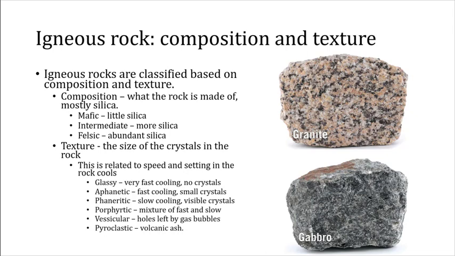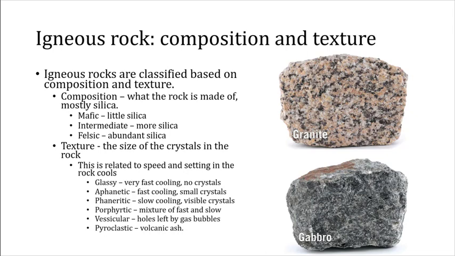So what do we mean by composition? Well, when we track composition in igneous rocks, what we're really talking about are those two most common elements, silicon, Si, and oxygen, O, in the Earth's crust.